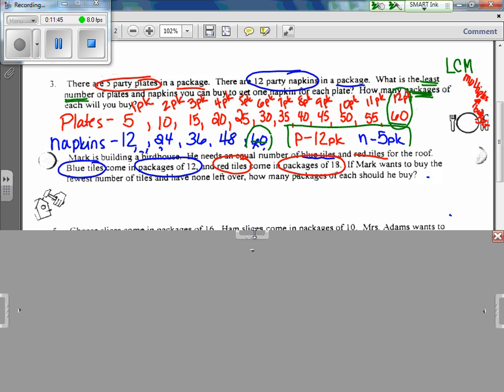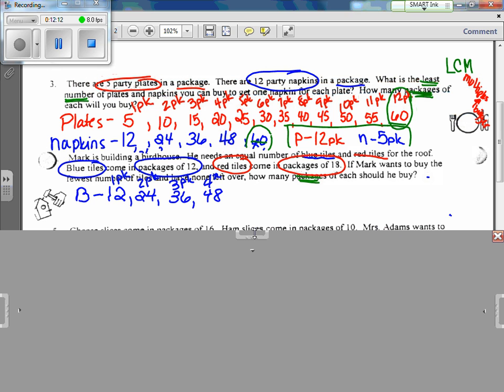How many packages? Okay, so let's start with blue tiles. Blue tiles come in packages of 12. So if I buy 1 pack, I'm going to have 12 blue tiles. If I buy a second pack, I'm going to have 24 tiles. If I buy a third pack, I'm going to have 36. If I buy a fourth pack, I will have 48.